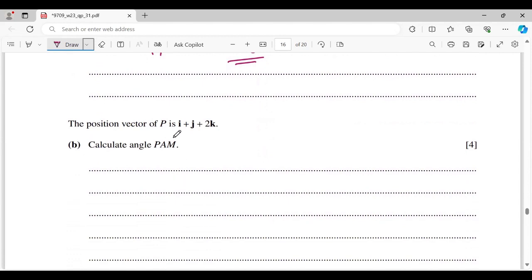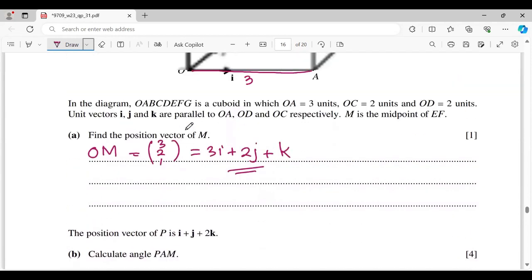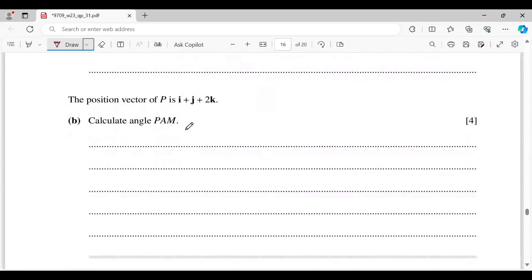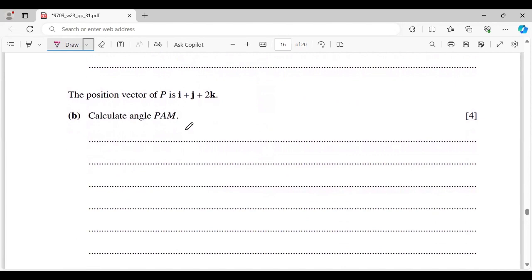The position vector of P is 1i plus 1j plus 2k. Calculate angle PAM.